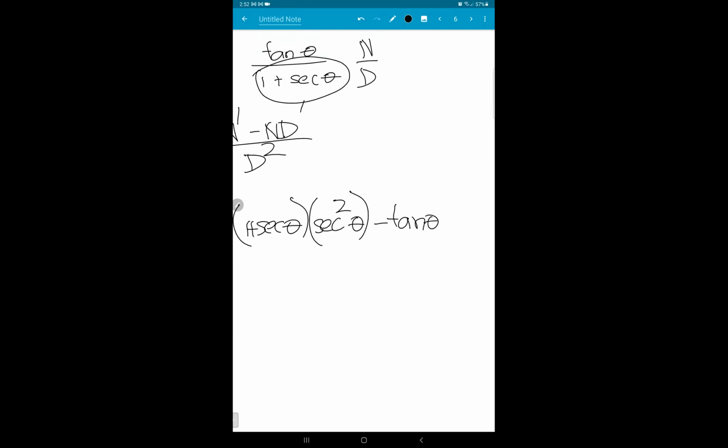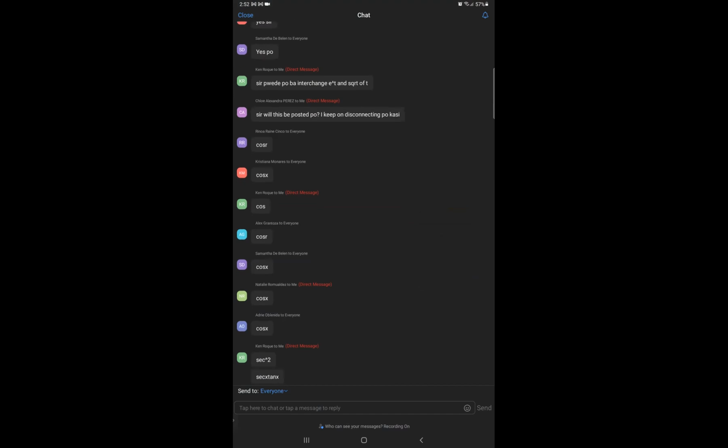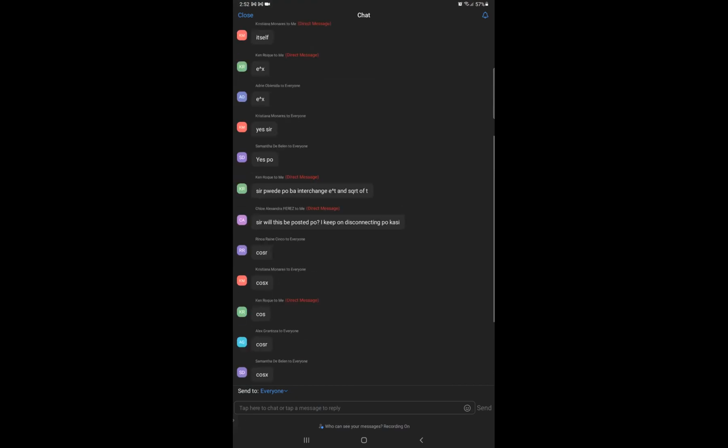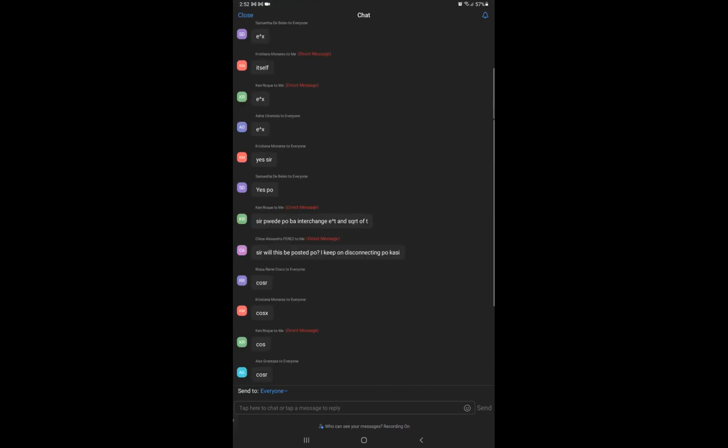So the derivative of 1 is 0. Okay. So we just write the derivative of secant theta. What's the derivative of secant theta? Anyone? Mr. Roque answered, and Oblenida. Anyone else? Romualdez, Belen, Roque, Grantosa, Cinco, Perez, de Belen, Nares. Okay, good.